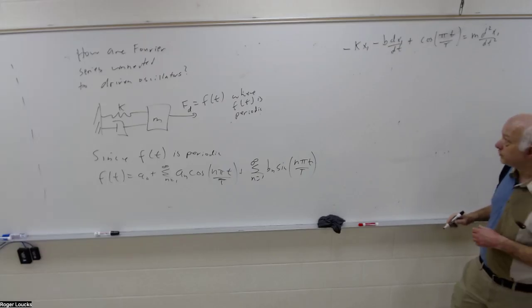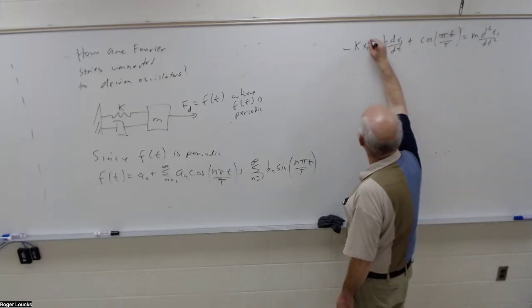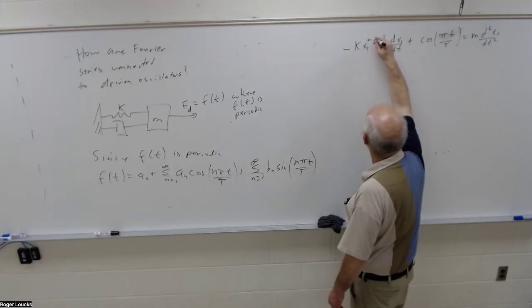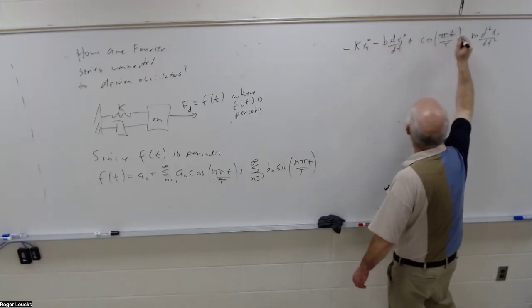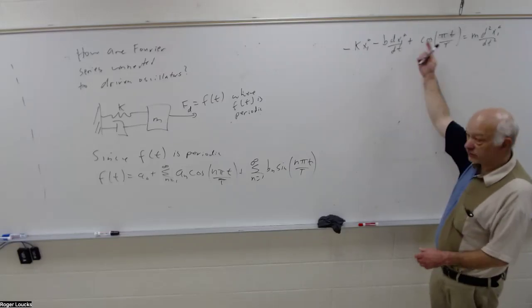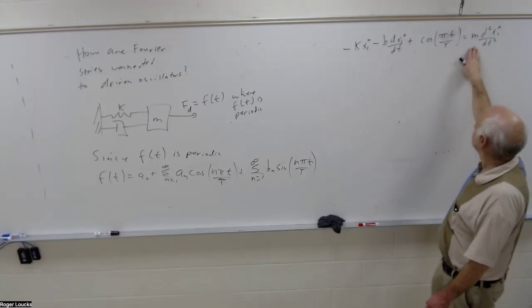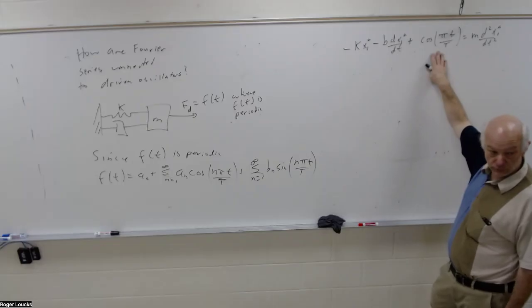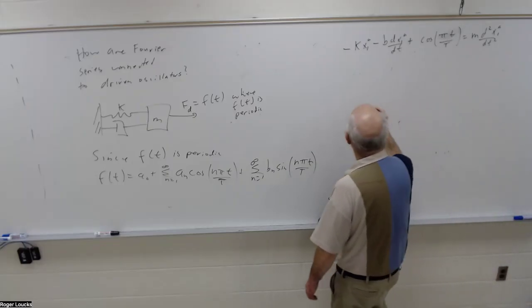But what else could I do? I'll put a little a on here too. I'll call this x1a, x1a, x1a. What else could I do? I could solve this, right? Because this term here is just a simple driving term. What else could I do? Well, I could also do this one here.